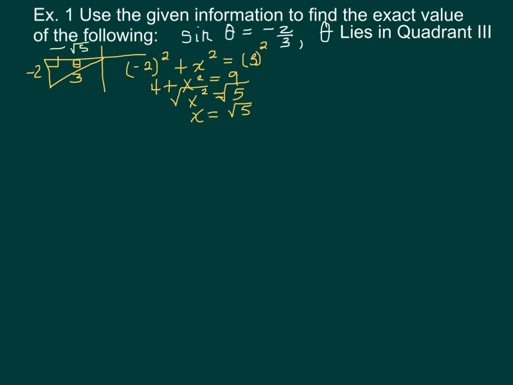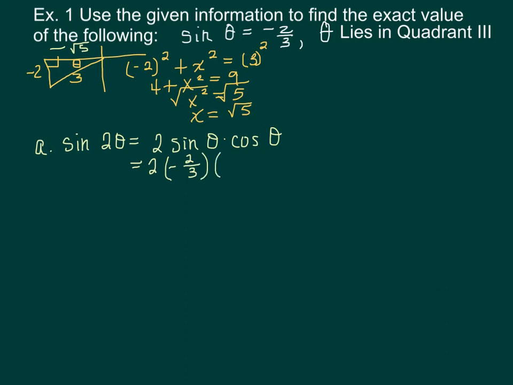Alright, so we're going to find our double angles using our formulas. First, let's find the double angle of sine. And the formula is 2 times sine theta times cosine theta. I'm just going to plug in sine theta they already gave us.